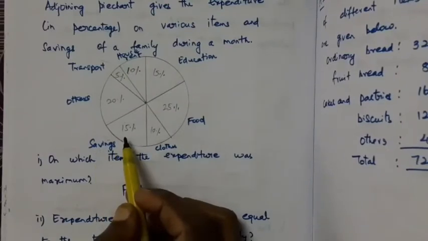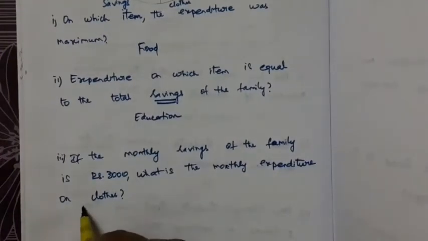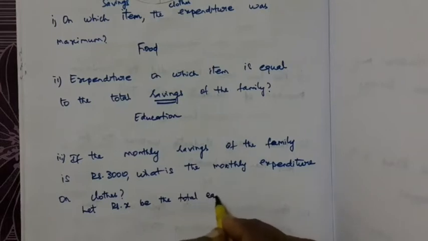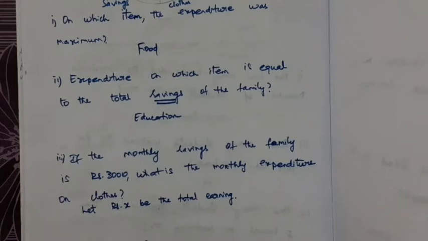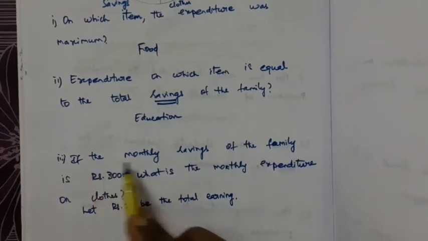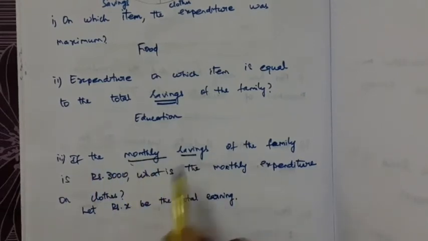Monthly savings is 15%. So what does it mean is, suppose let rupees X be the total earning. Okay, the total amount earned by the family is rupees X. Now the monthly savings is 3000. The monthly saving is 15%.